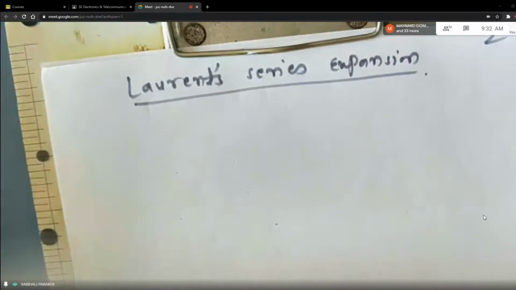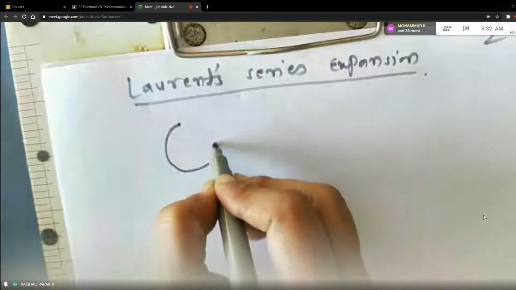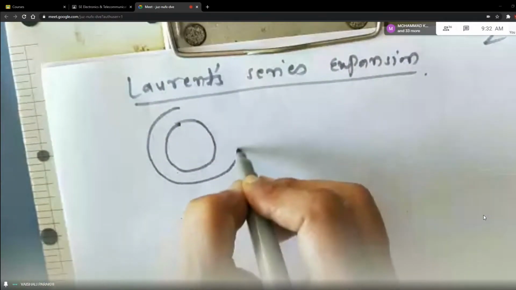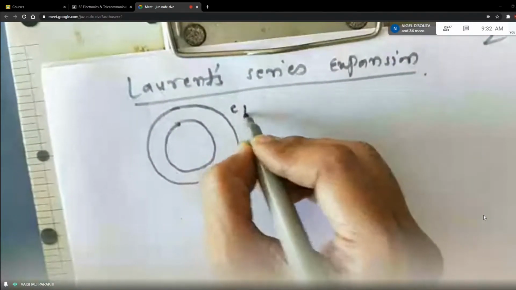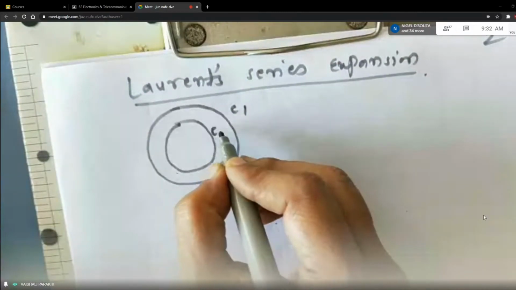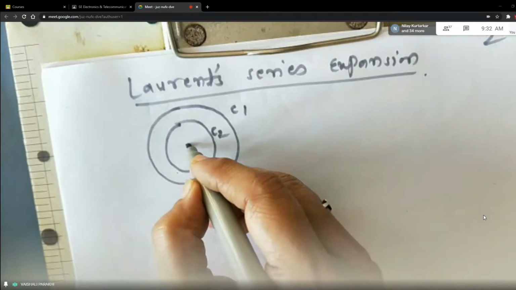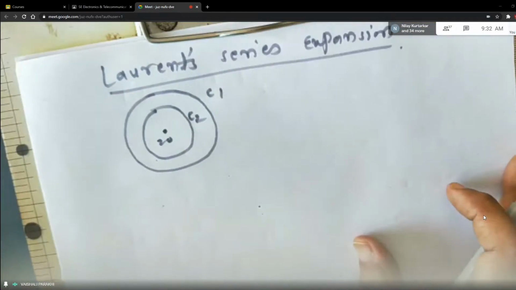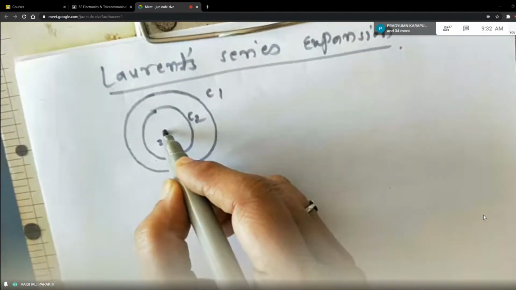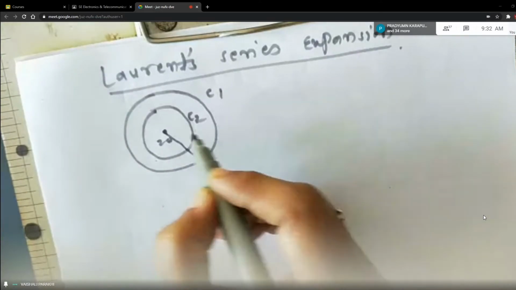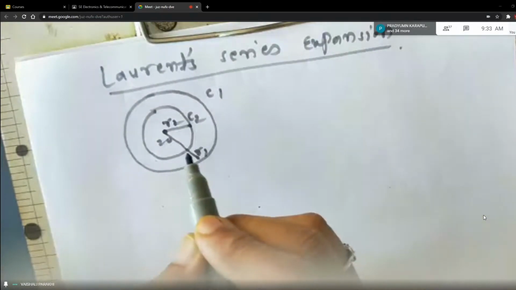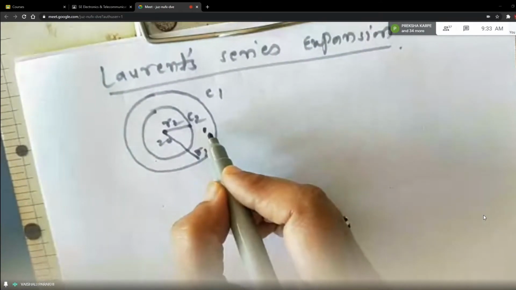Now here see what happens, students. If C1 and C2 are two concentric circles, for example, suppose this is circle C1, outer is C1 and innermost is C2, with radii r1 and r2. This is your usual center z0. The outermost radius is r1 and the innermost radius is r2, and this is some point z here.